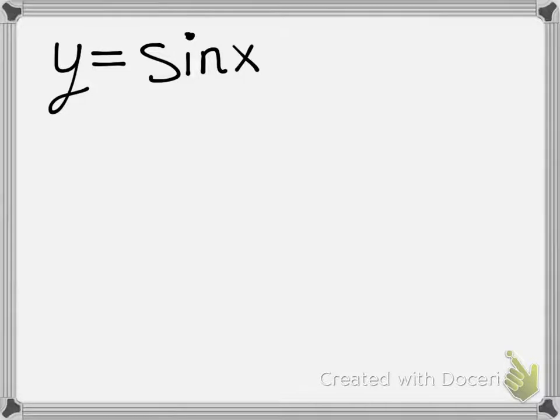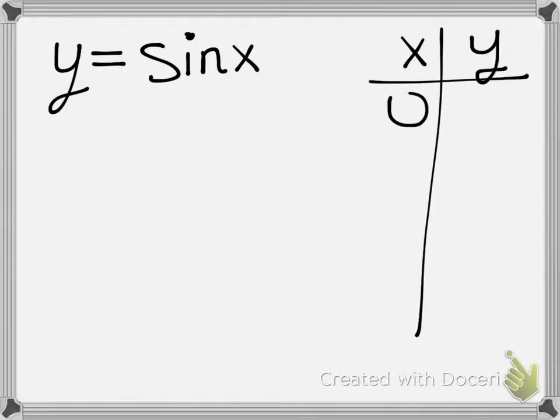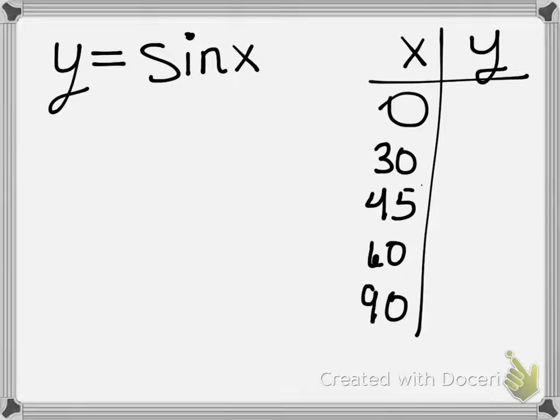So, if we were to pick a whole bunch of values for x, just kind of make a t-chart almost. We'll start at 0 degrees. We'll do 30 degrees and 45 degrees and 60 and 90. These are the nice numbers.